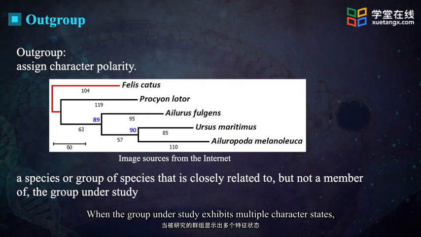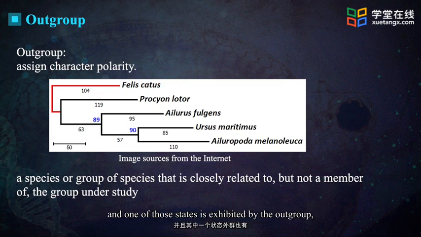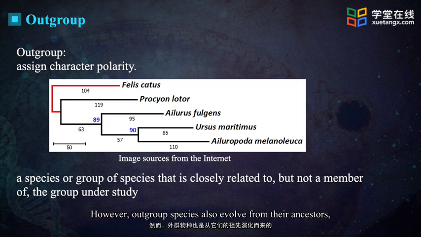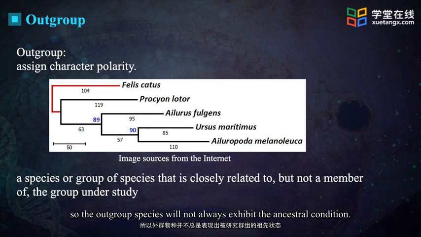When the group under study exhibits multiple character states, and one of those states is exhibited by the outgroup, then that state is considered to be ancestral, and other states are considered to be derived. However, outgroup species also evolve from their ancestors, so the outgroup species will not always exhibit the ancestral condition.